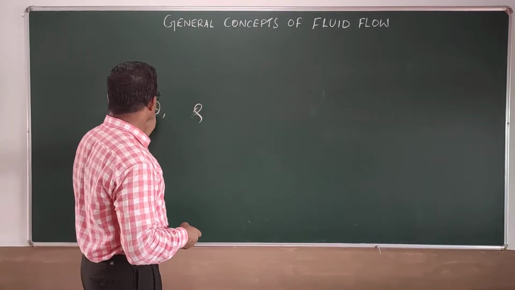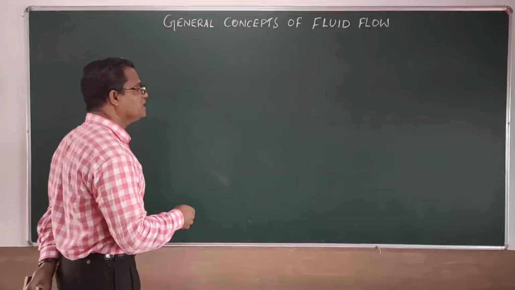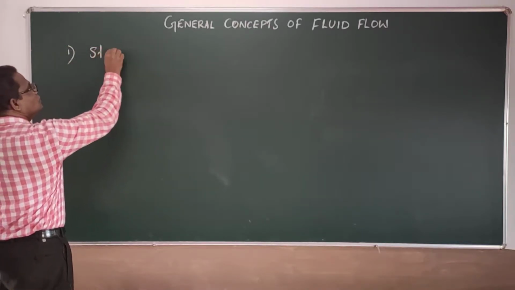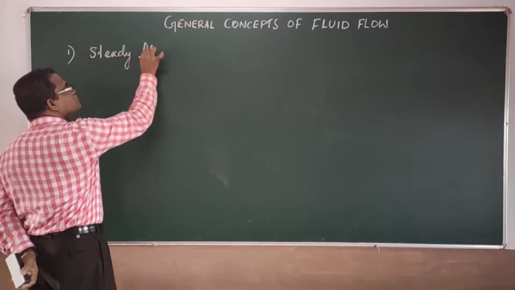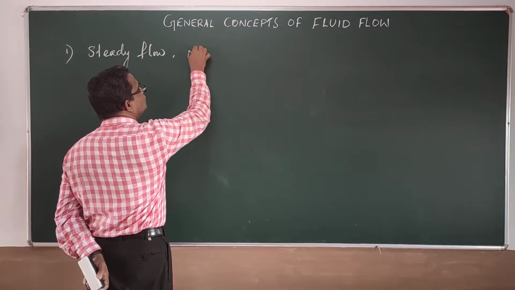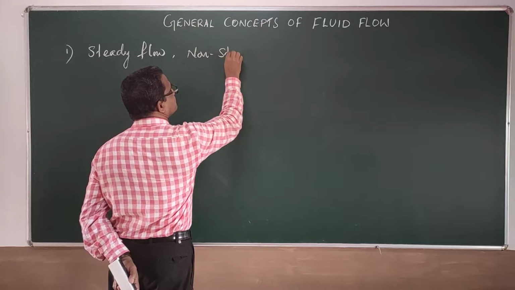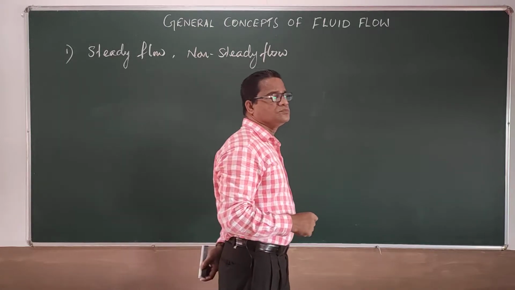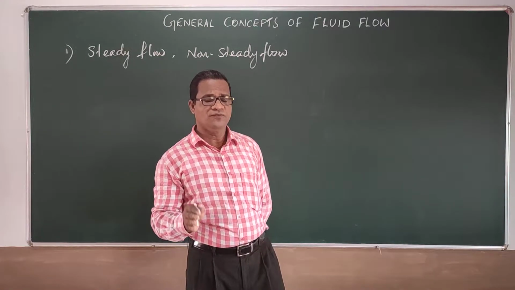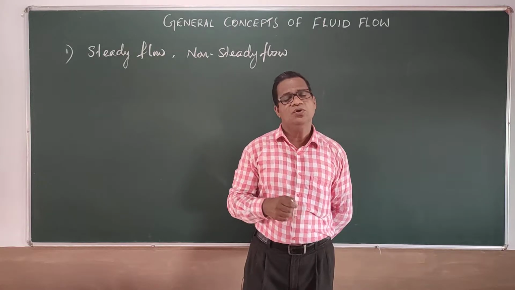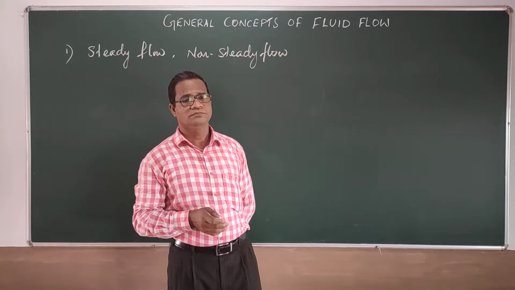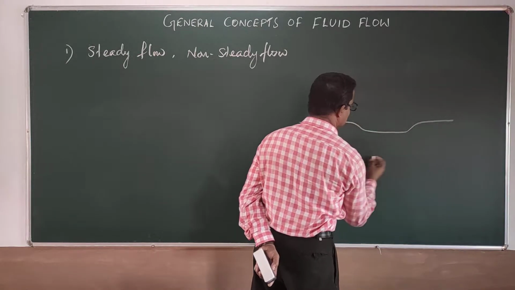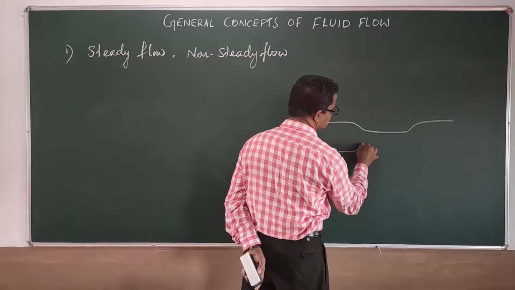The first one is steady flow and non-steady flow. Now what is a steady flow? If I take, for example, a tube through which the liquid is flowing, suppose assume like this.